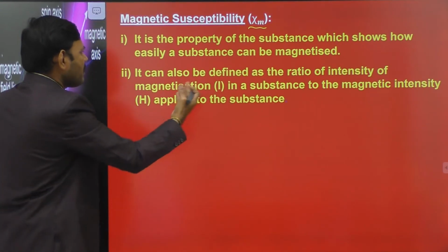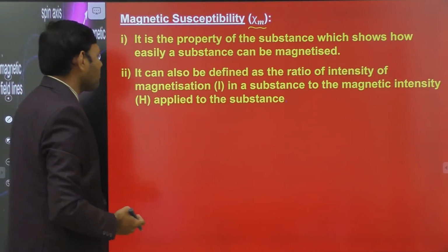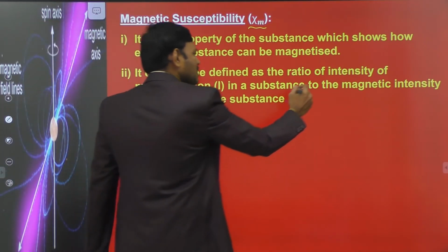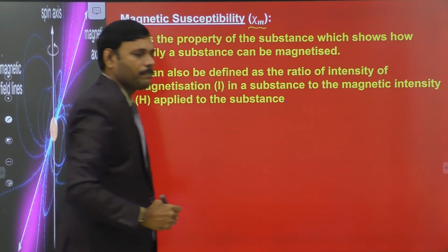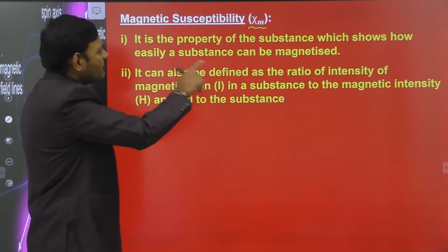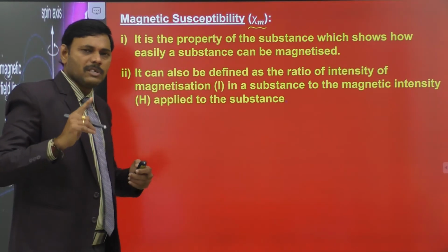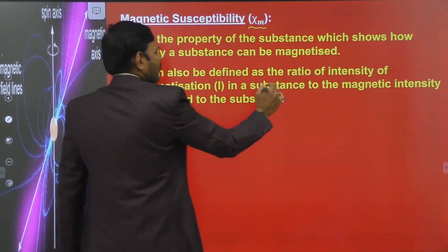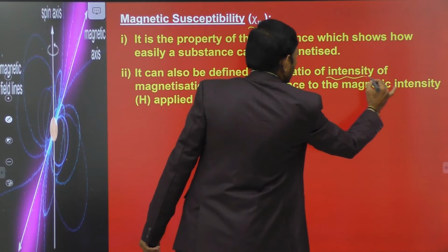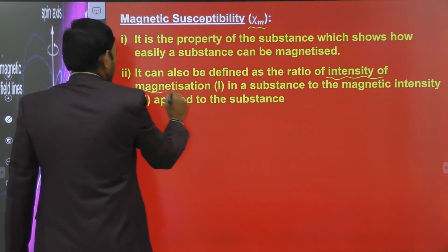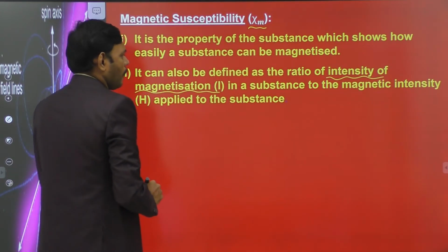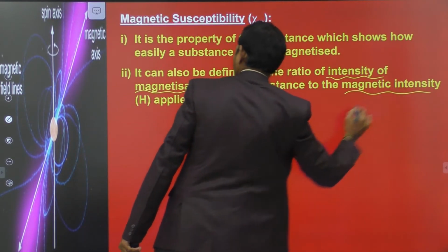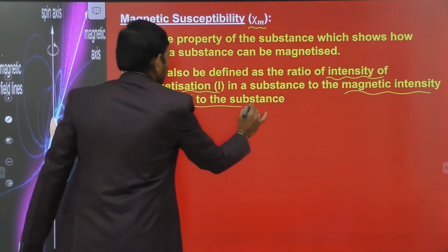It is calculated, and can also be defined as the ratio of intensity of magnetization to the magnetic intensity. That is why we have the relation as the ratio of these two; because of this, I explained these two terms a number of times. So it can also be defined as the ratio of intensity of magnetization, denoted by I, in a substance to the magnetic intensity applied to the substance.